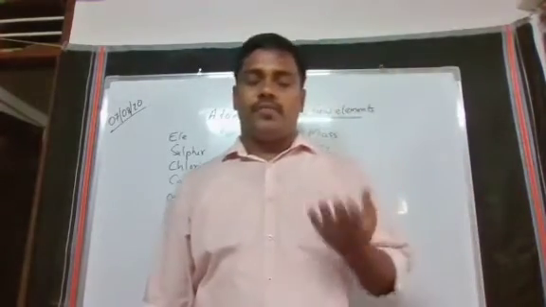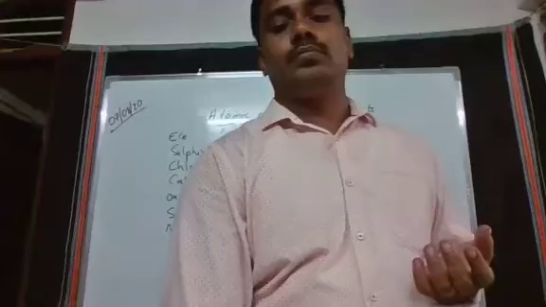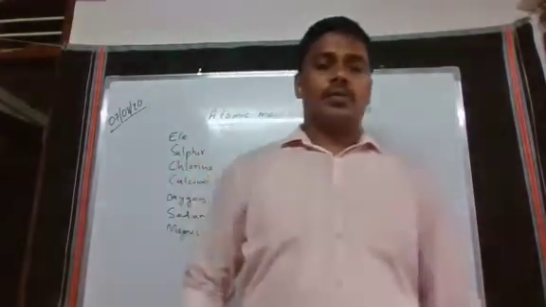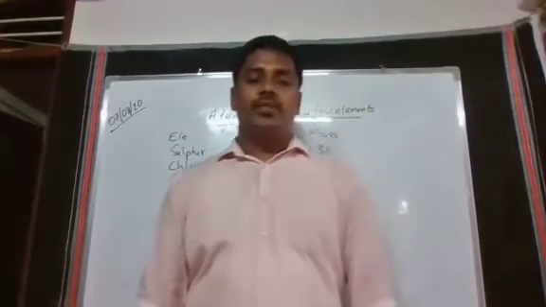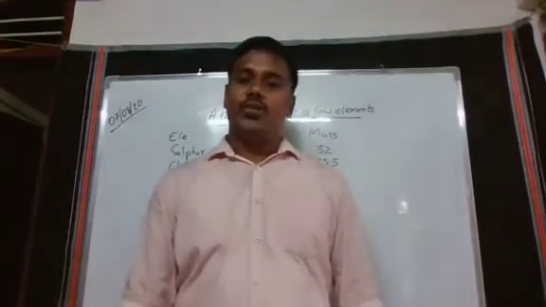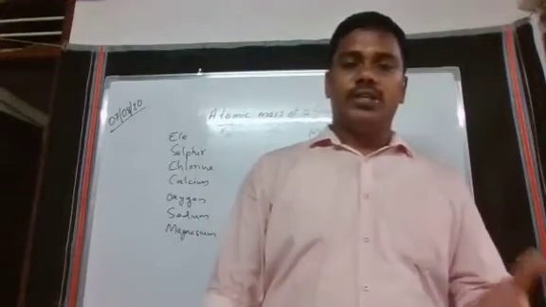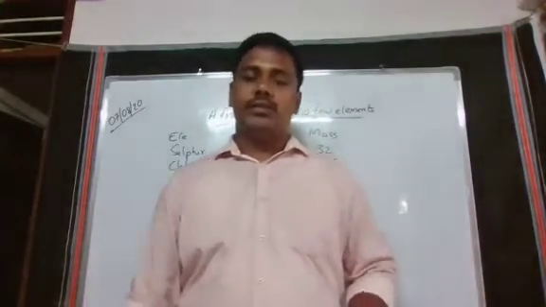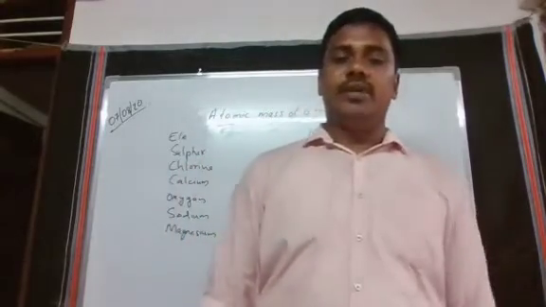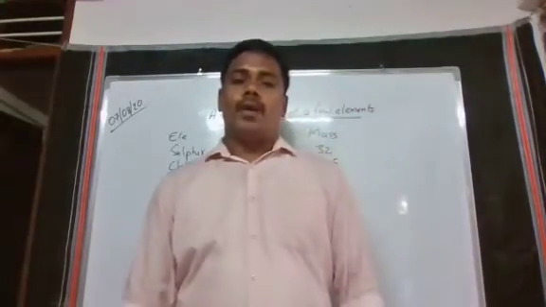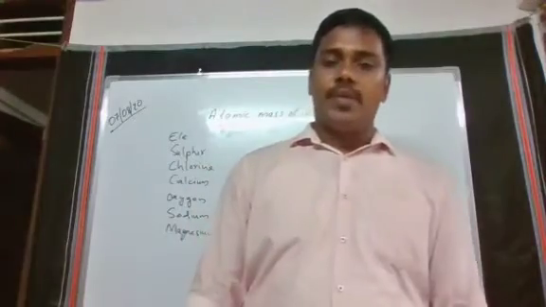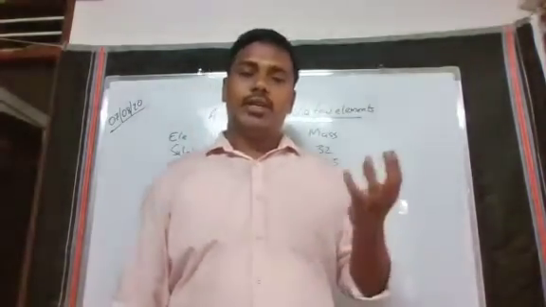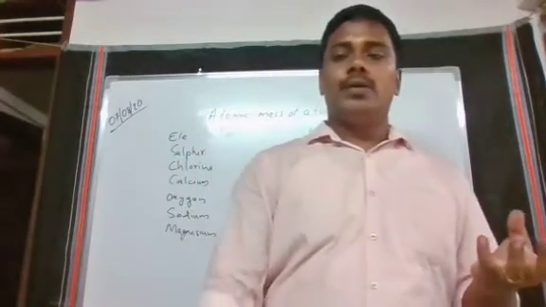For example, first 1/16 of naturally occurring oxygen was considered as the unit of atomic mass, and from 1961 carbon 12 isotope is considered as the unit of atomic mass.